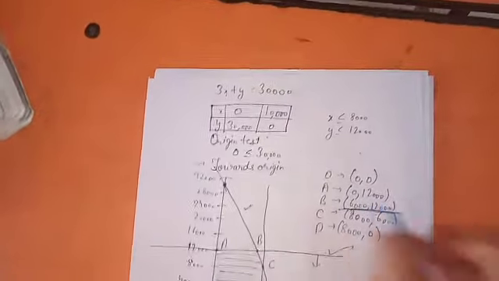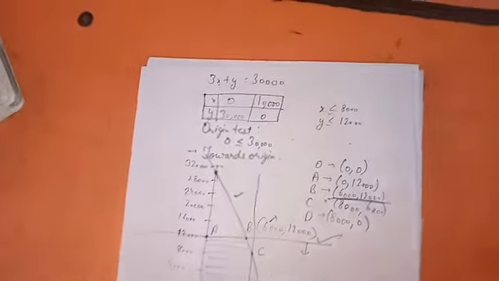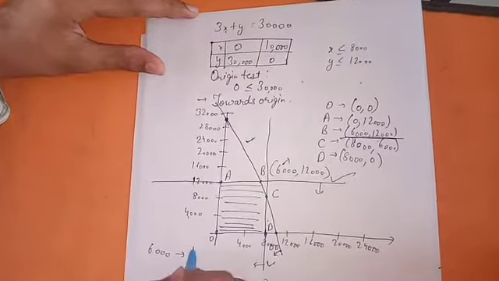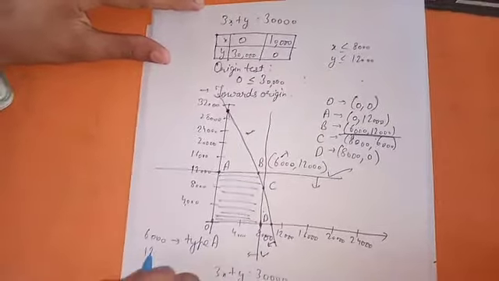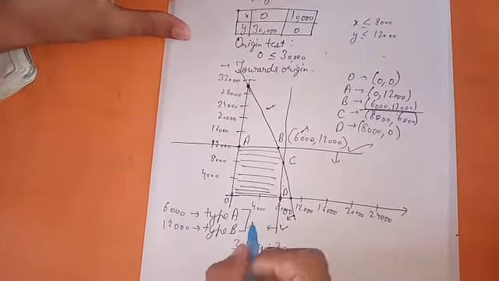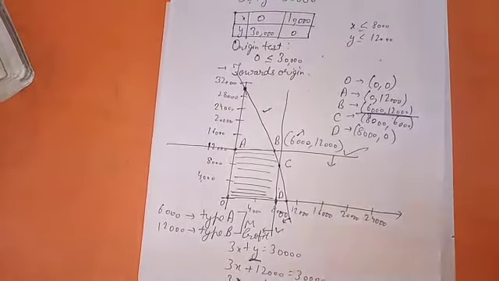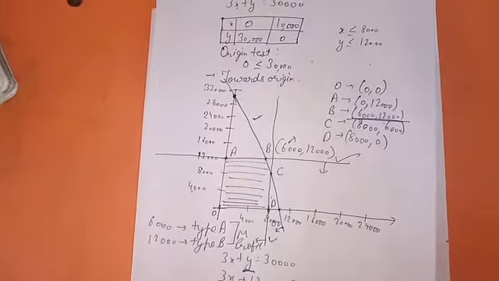Okay, X means product of type A and Y means product of type B. So that means 6,000 products of type A and 12,000 products of type B must be manufactured so that they have maximum profit. And if they ask about maximum profit, the maximum profit will be 6 lakhs.